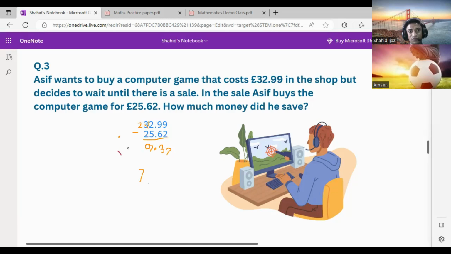But here we should also write the initial cost is this, and the sale price is this, in sentences. Then we do the same thing as you have done.